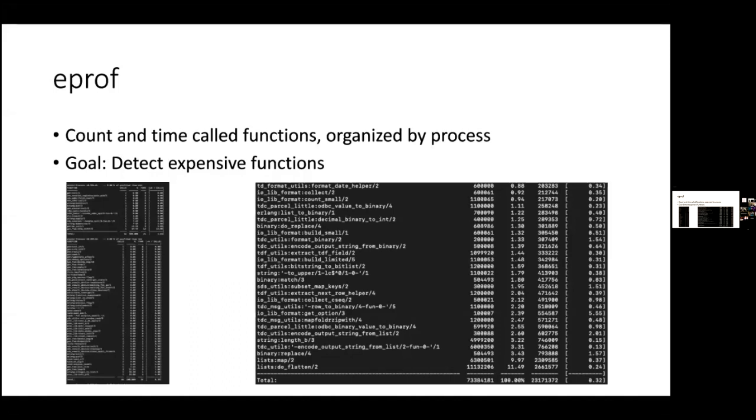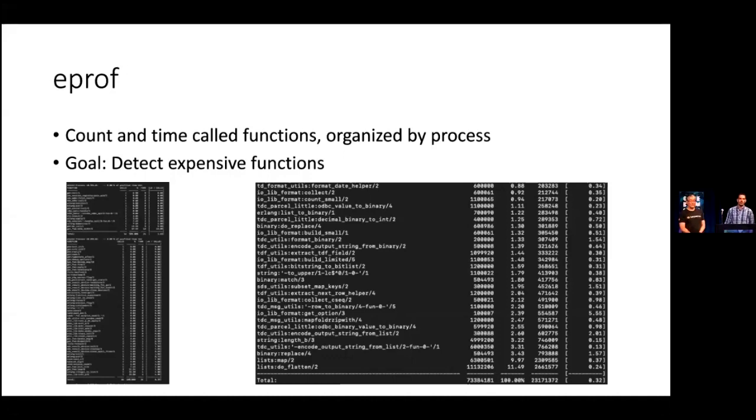At the bottom of the screenshot, we see the same doFlatten function, the one called most of the time during data conversion. So after running cprof and eprof, we know what functions are expensive and what functions we can try to improve.